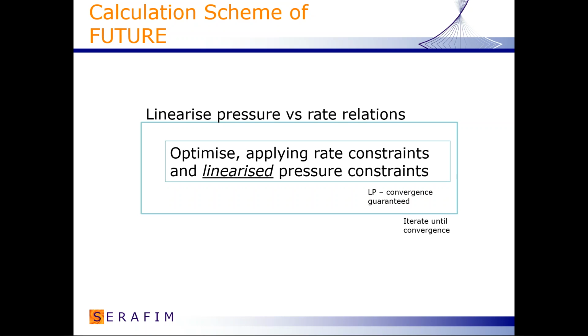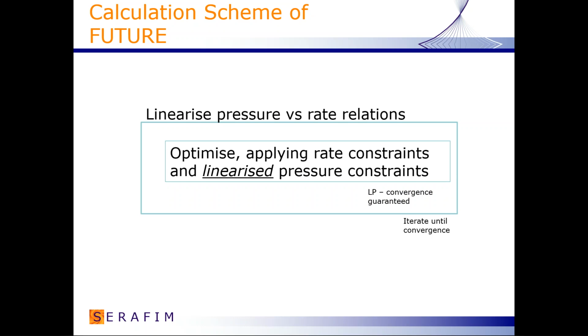Now, that in itself is not guaranteed to give a proper solution, but Future takes the same approach as the Newton-Raphson method does, namely to make iterative linearisations until convergence is approached.